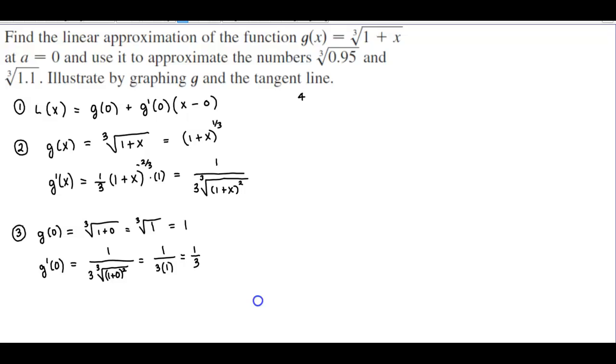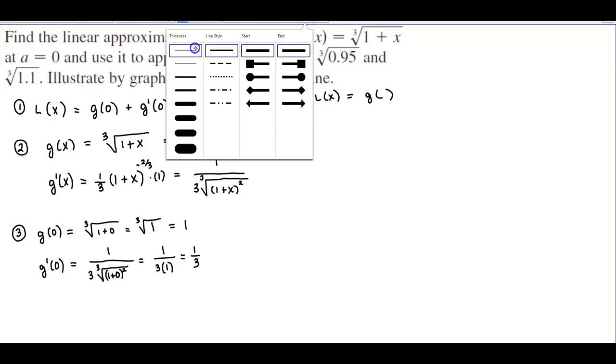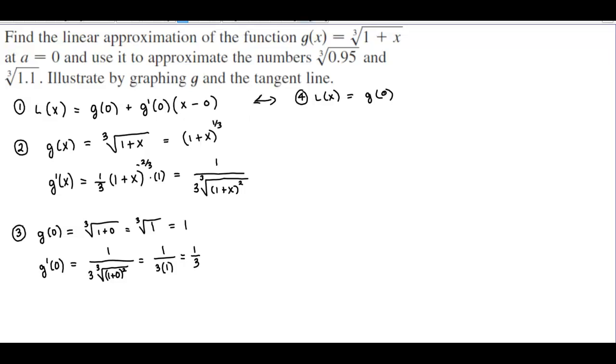Okay, now we're going to use the equation from step 1 to plug in our given information. So that is g of 0 plus g prime of 0 times x minus 0.